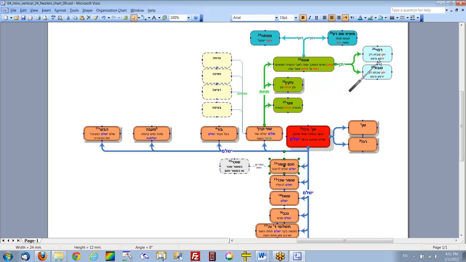"Yiten shivto rak rapo yerapeh." I think it's maybe backwards. "Yiten shivto rak." Okay, so that Yiten will move it over there.